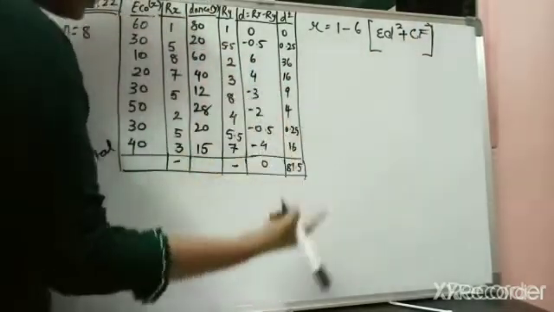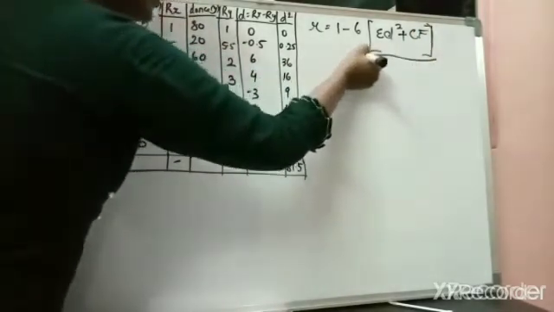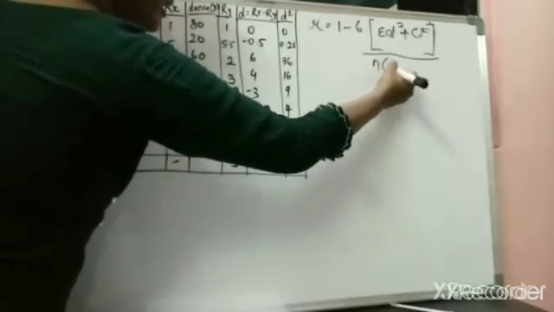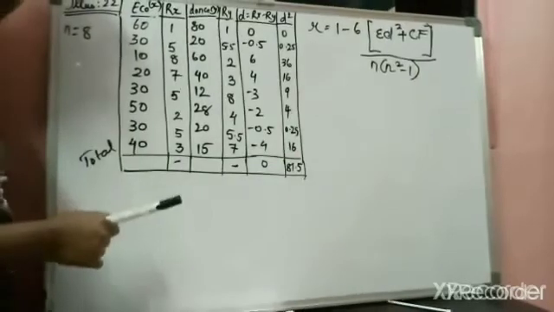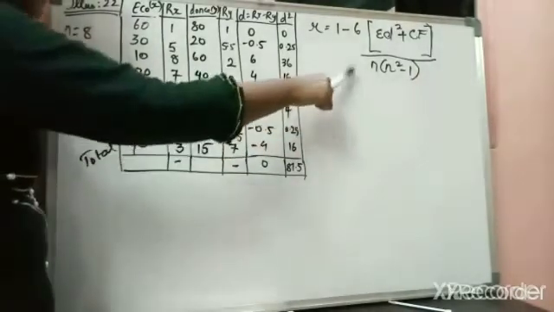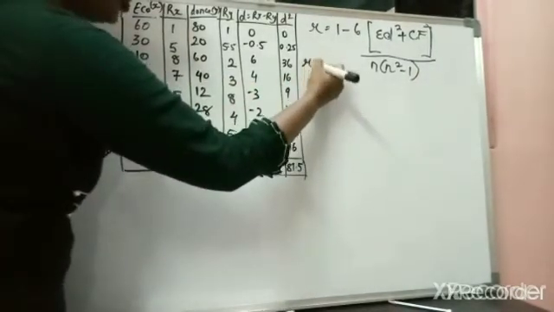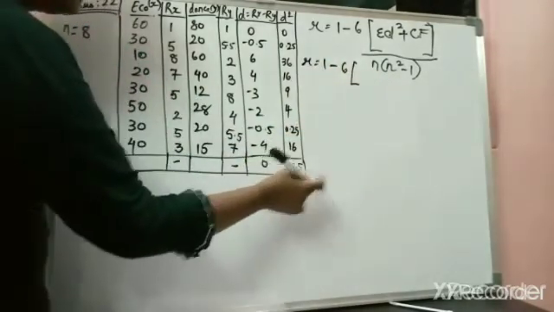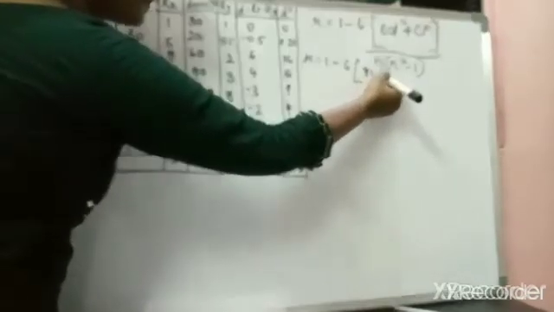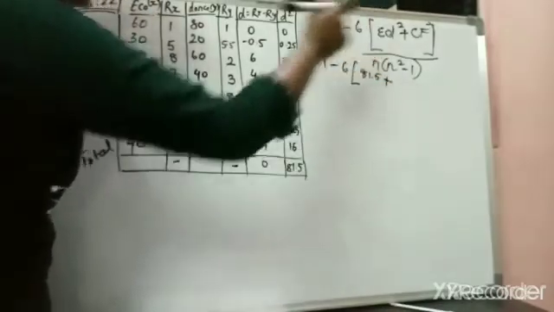Then afterwards you have to divide by n square minus 1. Okay, now let's put the values in this formula. So R is equal to 1 minus 6. Your sigma d square is 81.5 plus, now what is CF?